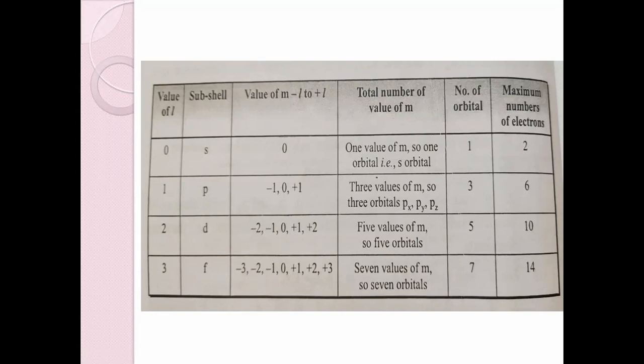The formula is 2 into (2l plus 1). That gives the number of electrons present in S, P, D and F orbitals. Whereas 2n square will give the maximum number of electrons present in the main shell. Followed everyone?